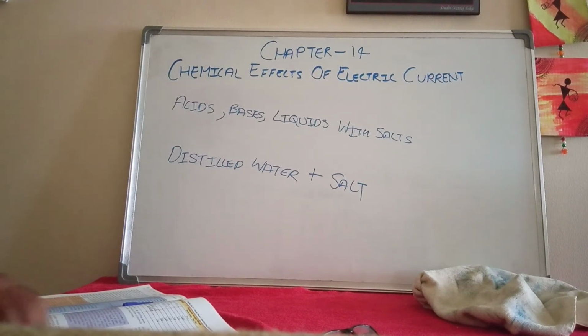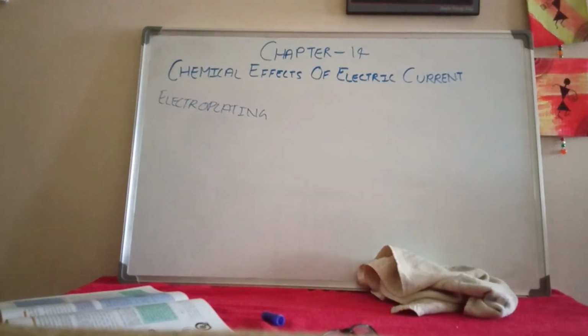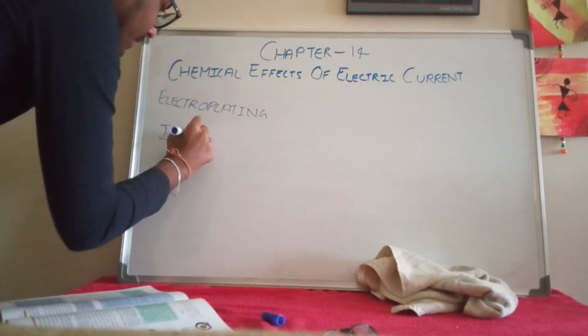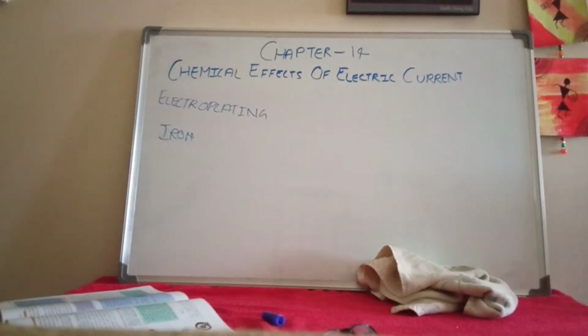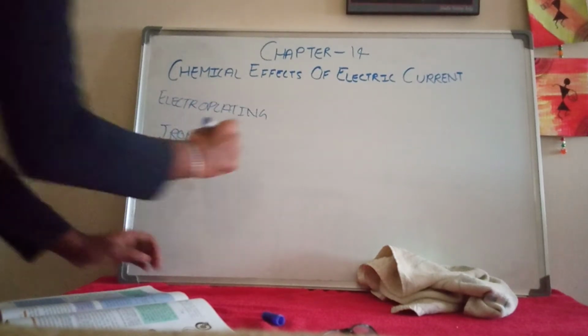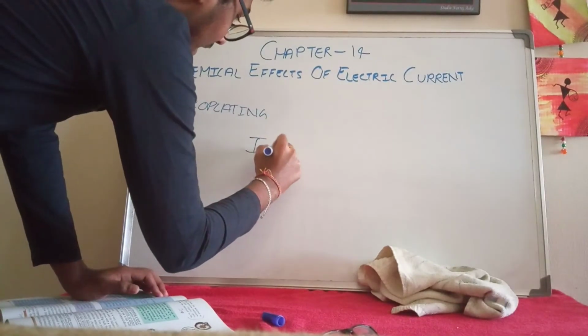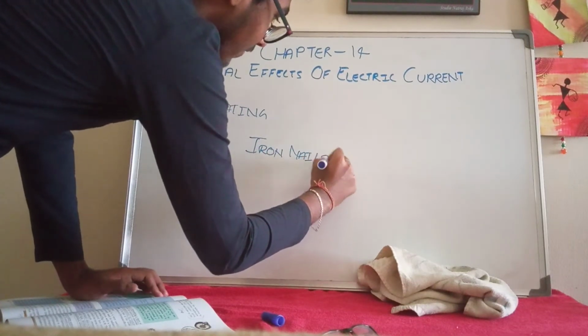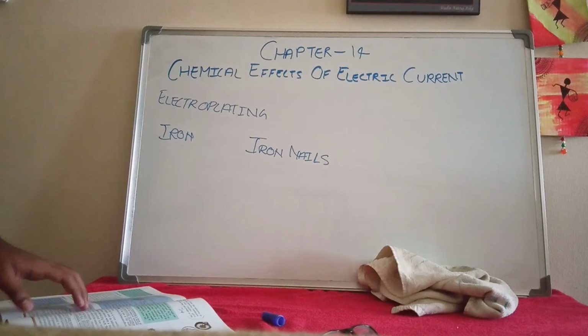Now we'll go forward and see electroplating. We have learned that some materials, when exposed to air and moisture, rust. For example, iron. That's why many materials which are made from iron are coated with other materials. Take iron nails. Iron nails rust, and after rusting, their value decreases, and mostly they are not used.